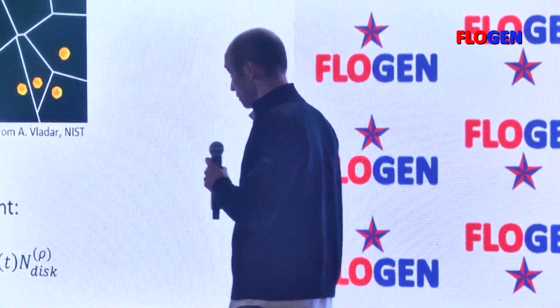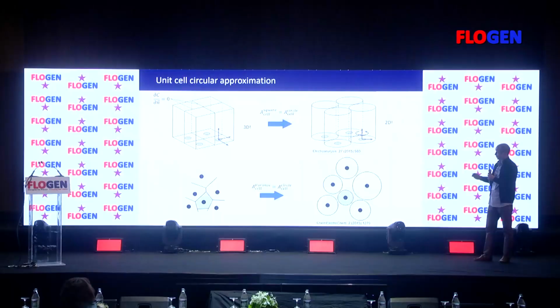So what we do, we again use a similar methodology as used for the modeling of regular arrays, and we basically uniformize or standardize the unit cells by converting them into cylindrical unit cells with the centered electrode.